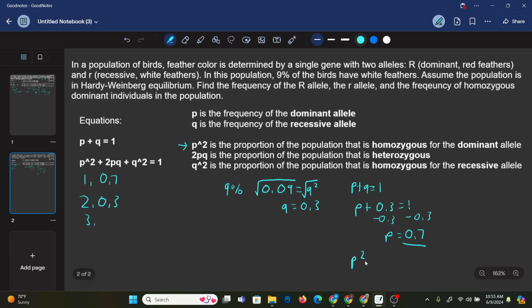So p squared just equals 0.7 squared, and that equals 0.49. So that is the frequency of homozygous dominant individuals in the population, which is p squared. And that is example 2.